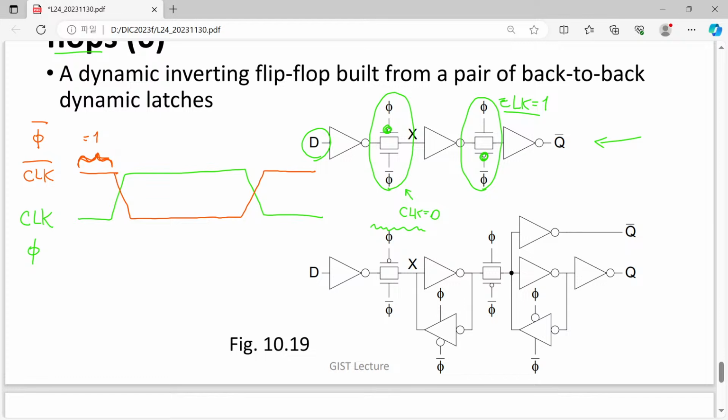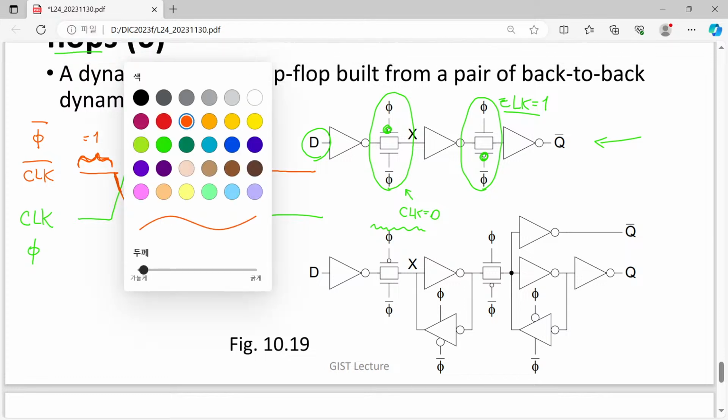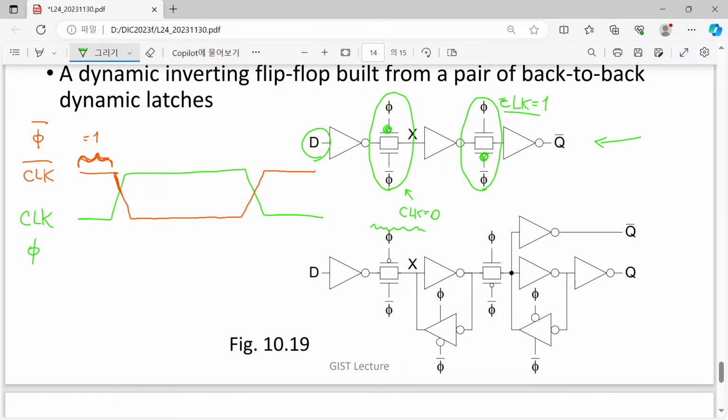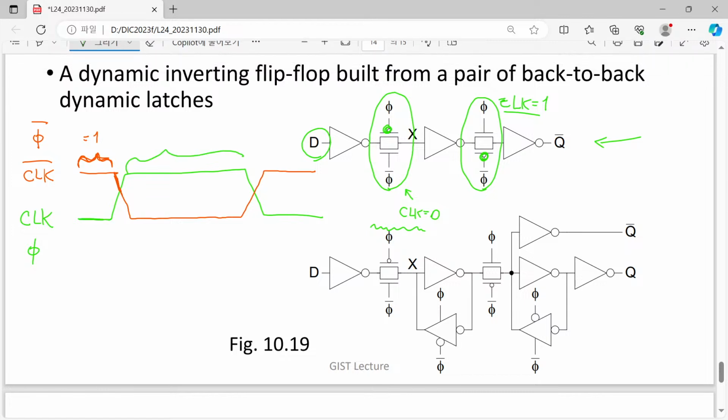And of course, here we have a certain short range, although it is not perfectly 1, but here we have some small values. Okay, and here we also have the clock, which has one value.